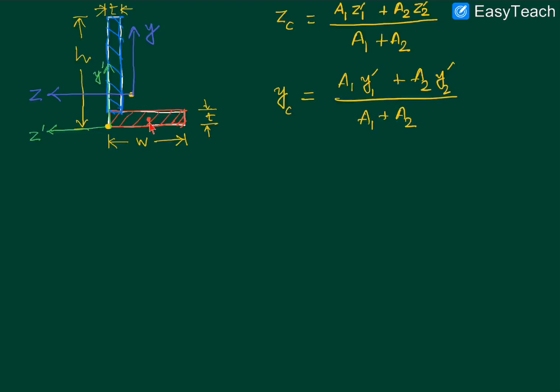Similarly, if we consider the blue-colored cross-section, then its centroid would be lying somewhere here. So this is the centroid here, and the centroidal axis for this particular cross-section would be having its origin here.